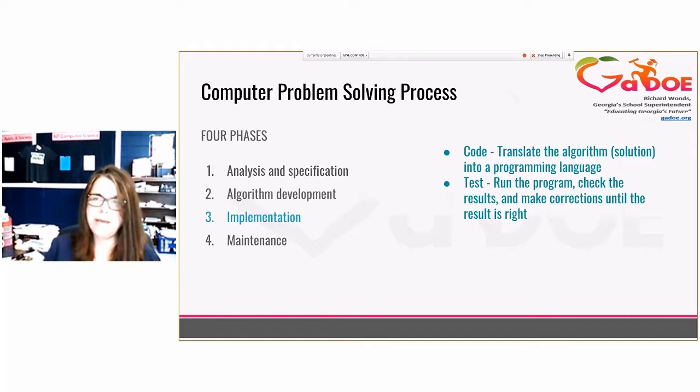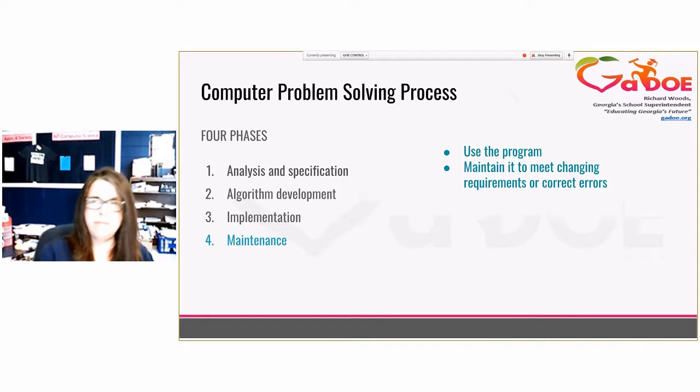After we have the correct result, we implement our program or our code, our system. We'll enter the maintenance phase. So this is where it goes into use. We'll continue to maintain and improve it as changes are made.